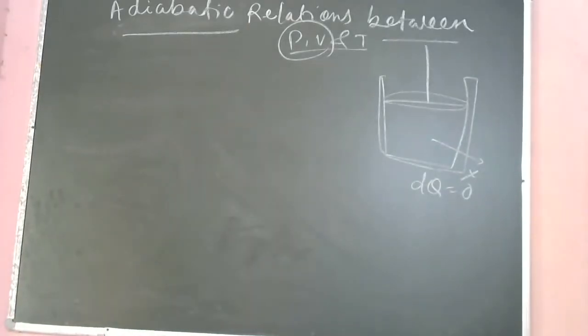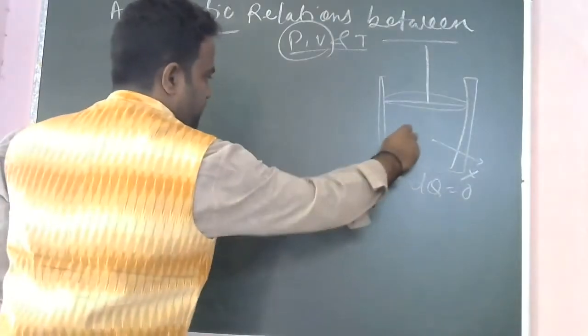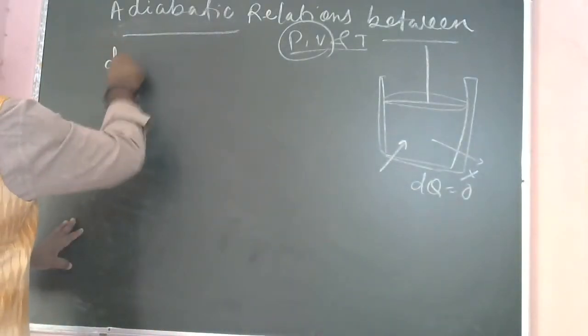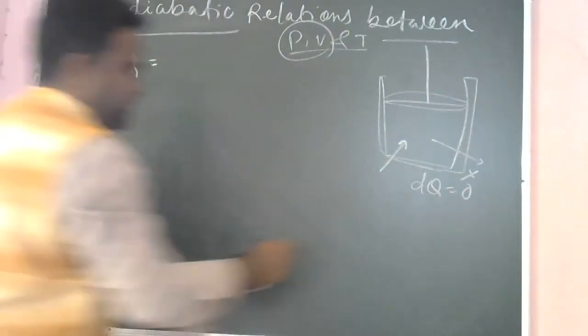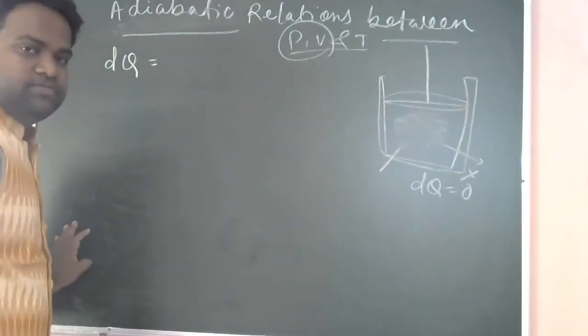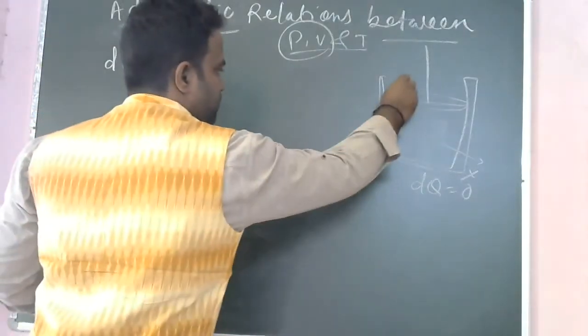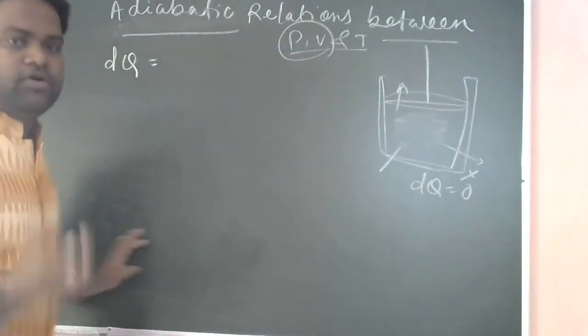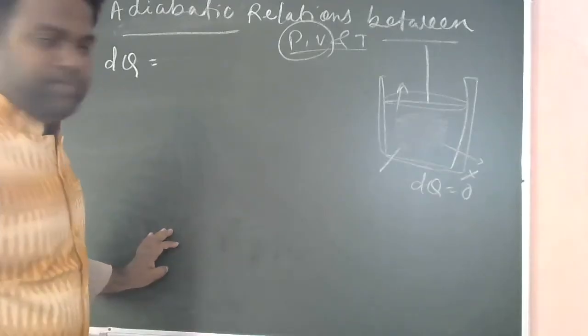All of us know that the first law of thermodynamics states that if the heat supplied is dq, then this amount of heat will change the internal energy of the system, and it will do some work. Either it will expand the system or it will compress the system.